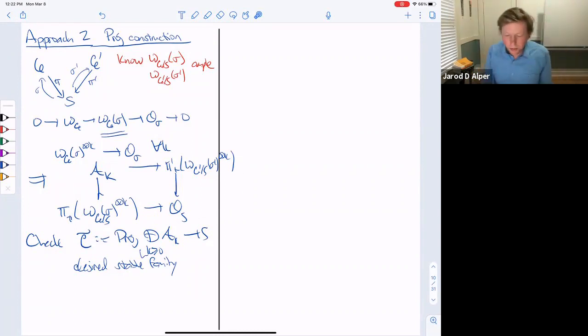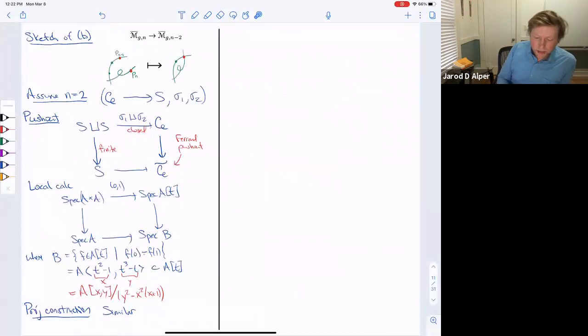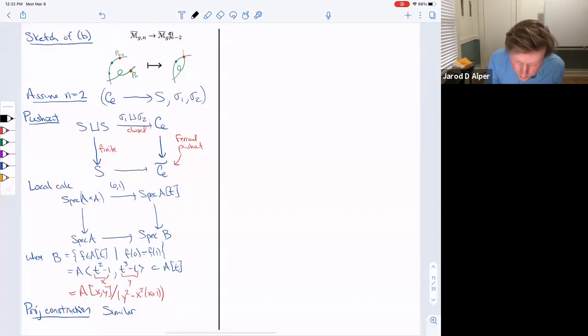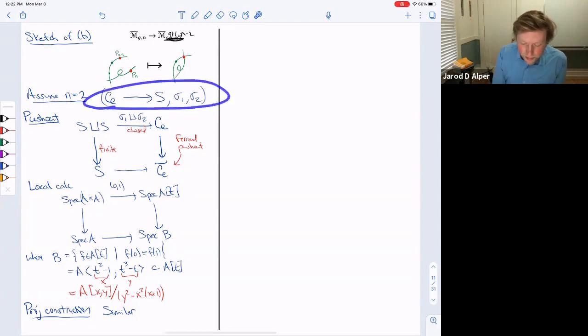Let me quickly explain how you can glue these in the second example. Here we're given a family of stable curves and two sections, sigma 1 and sigma 2.